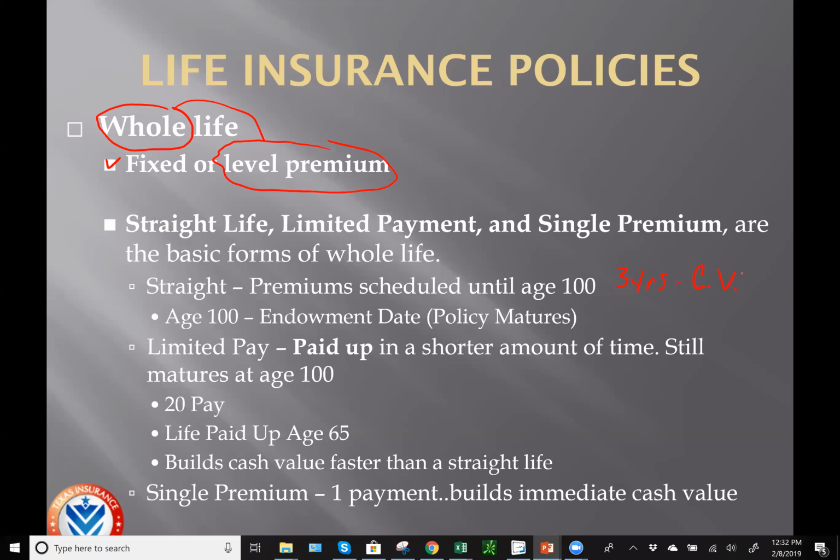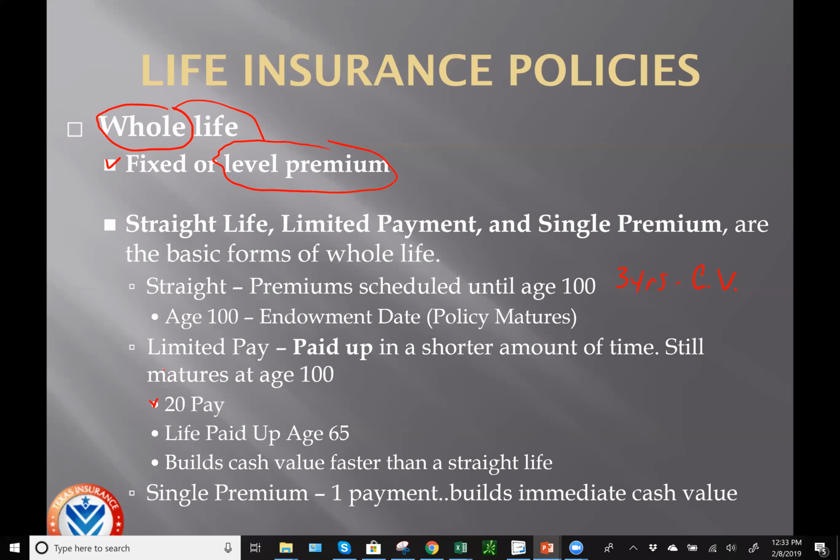All right, your next form of whole life is a limited pay whole life. Now, on a limited pay whole life, you're going to get it paid up in a shorter amount of time. So you're not going to be paying premiums all the way out to age 100. Now, it still will mature at age 100, but it's going to get paid up or paid for in a shorter amount of time. 2 different ways I've seen it on your test are either like a 20 pay whole life, where you're scheduled to make premium payments for the first 20 years that you have it.